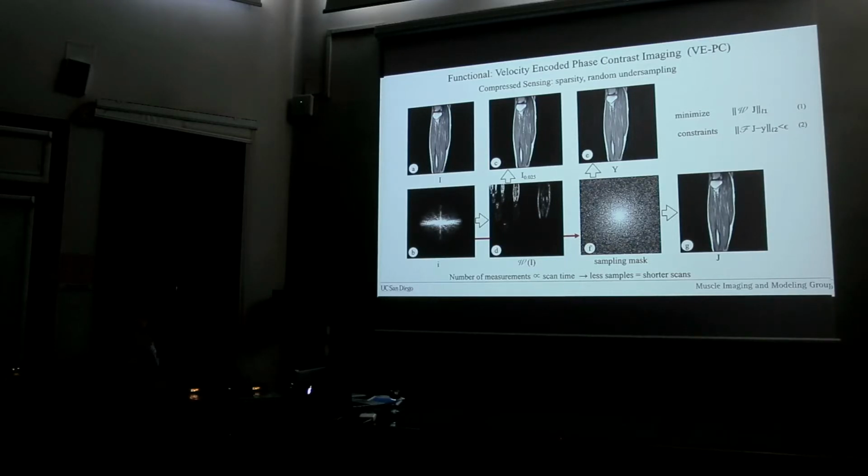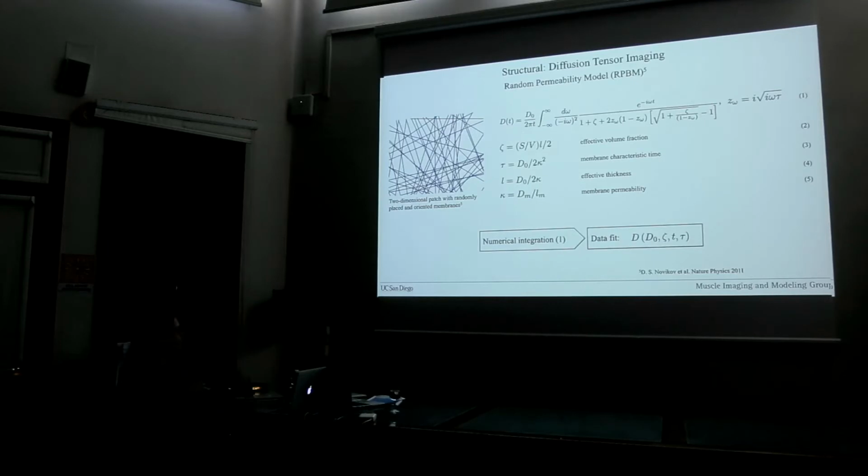So it's a combination of random undersampled acquisitions and multiple coil imaging. So that's another area. The last one that I'll just touch upon is that the goal for diffusion tensor imaging had been fiber tracking.